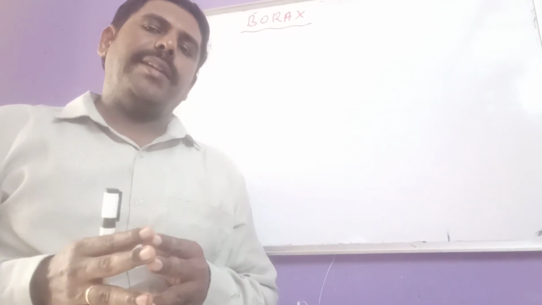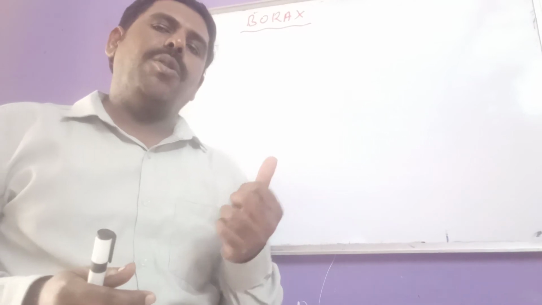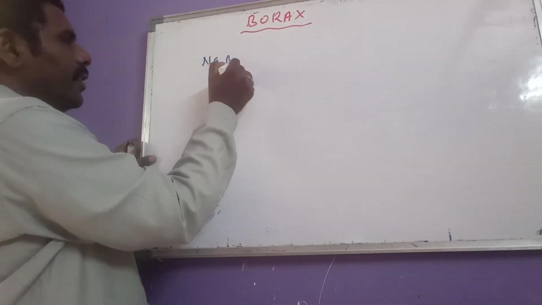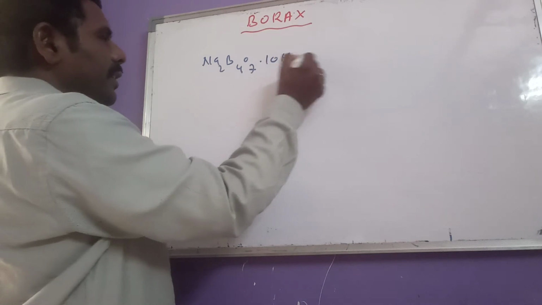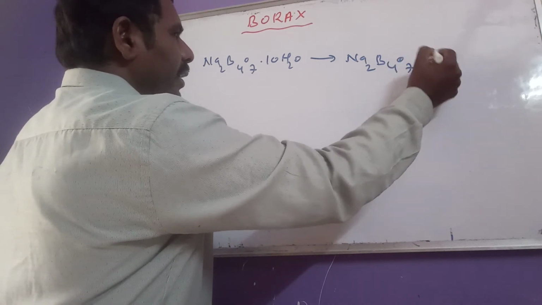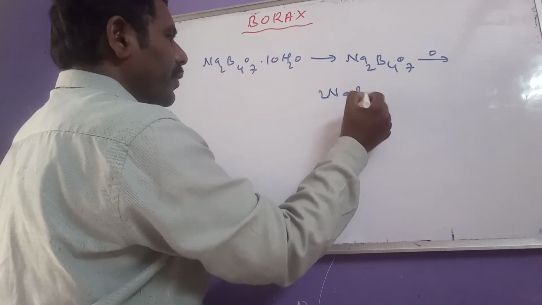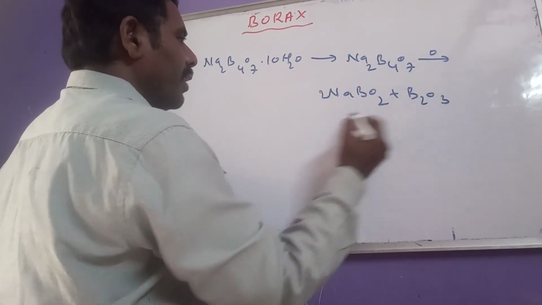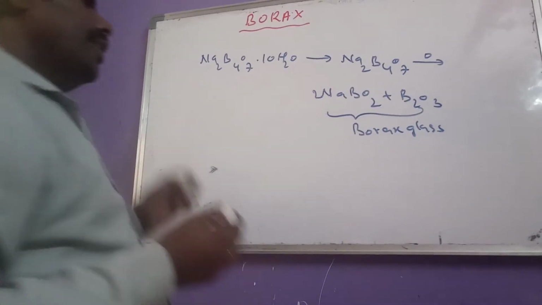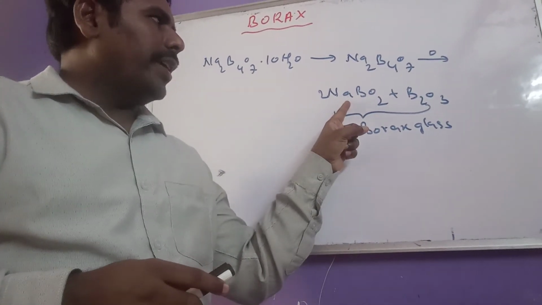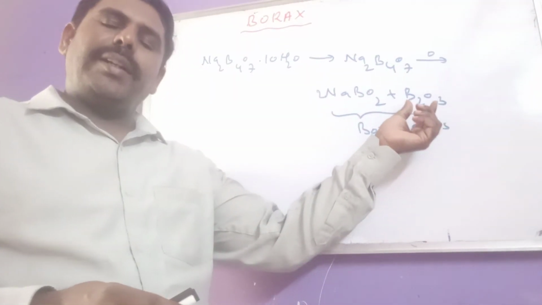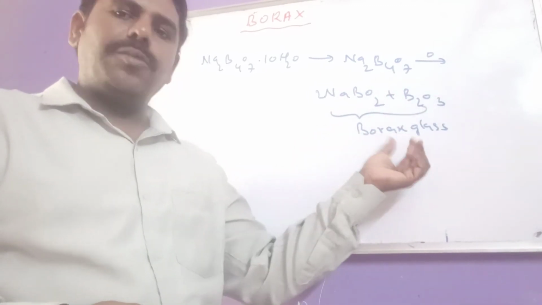First, when borax is heated, it loses water and swells into a white opaque mass, and further heating produces a mixture of sodium metaborate and boric oxide, that is boric anhydride, B2O3. This mixture is known as borax glass.